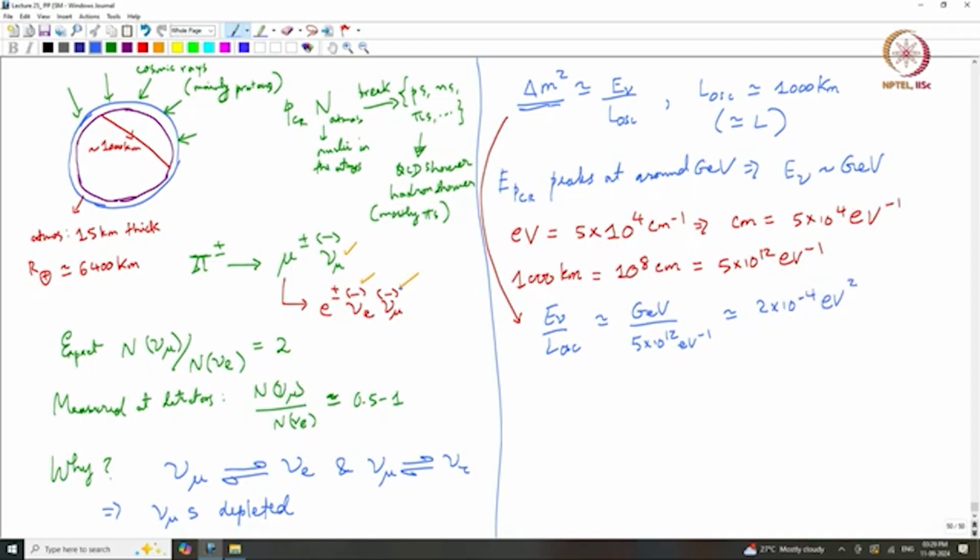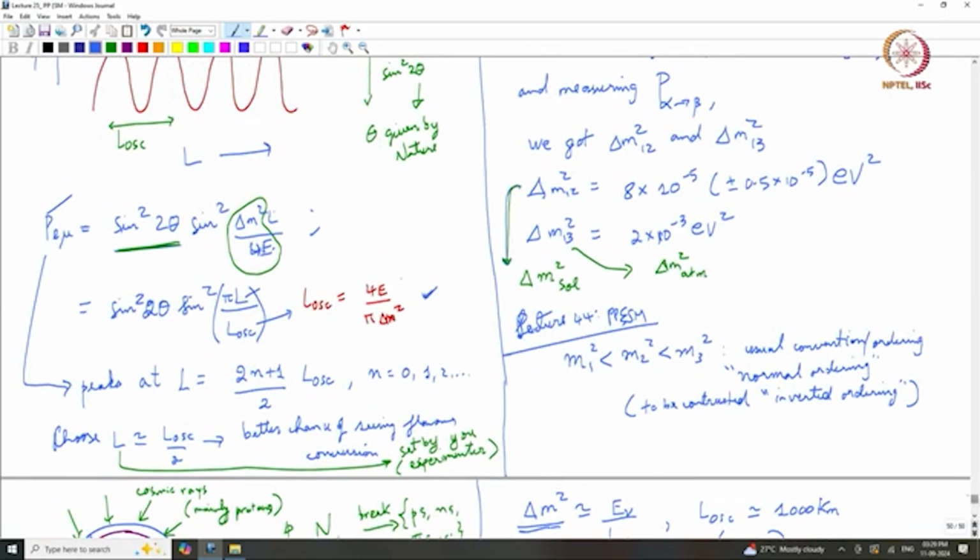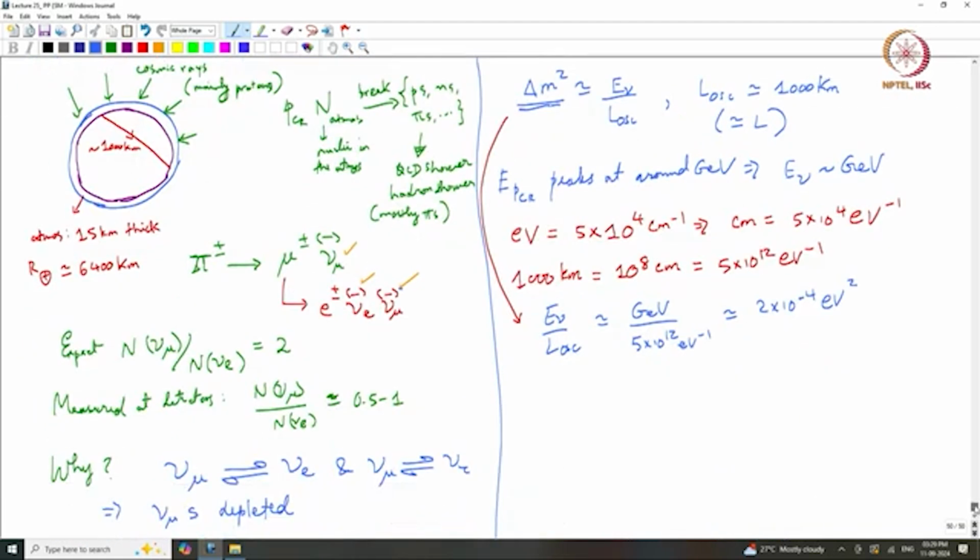Did we get the correct value? Not really. What we got before was 2 times 10 power minus 3 electron volt square. Let me write that: ATM is for atmosphere, atmospheric neutrinos. What you actually measured was 2 times 10 power minus 3 electron volt squared.